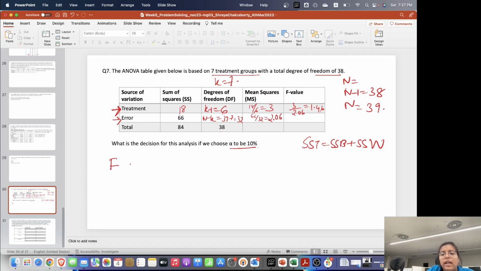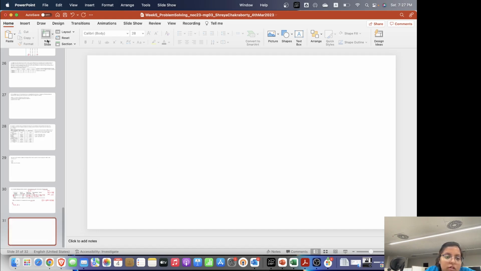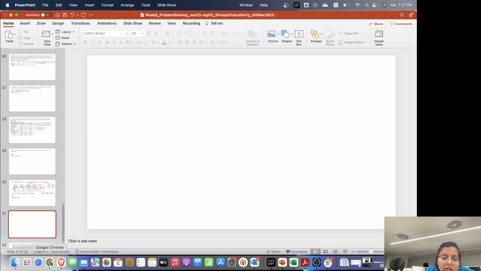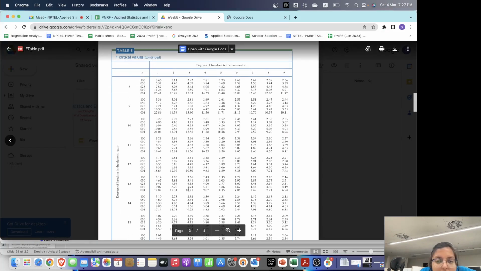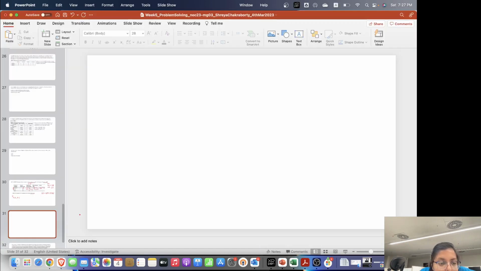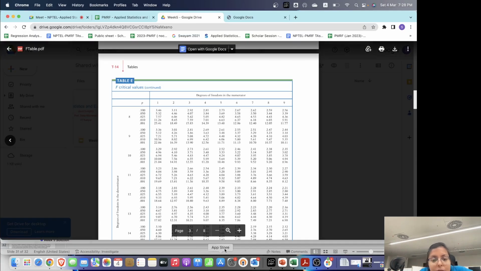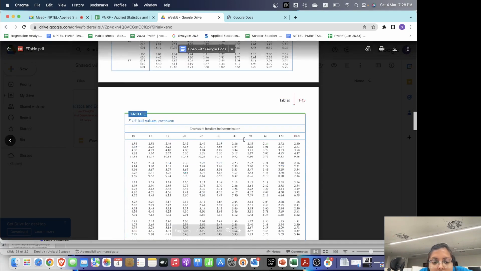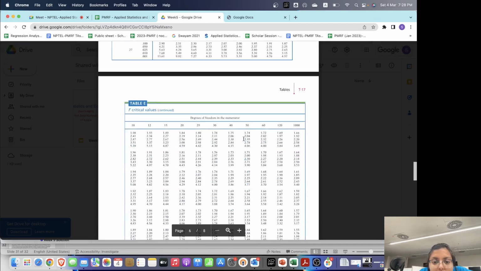So what we are looking at is F(6, 32) at 10%, that is 0.1. If we go to the F critical table, the degrees of freedom were 6 and 32.